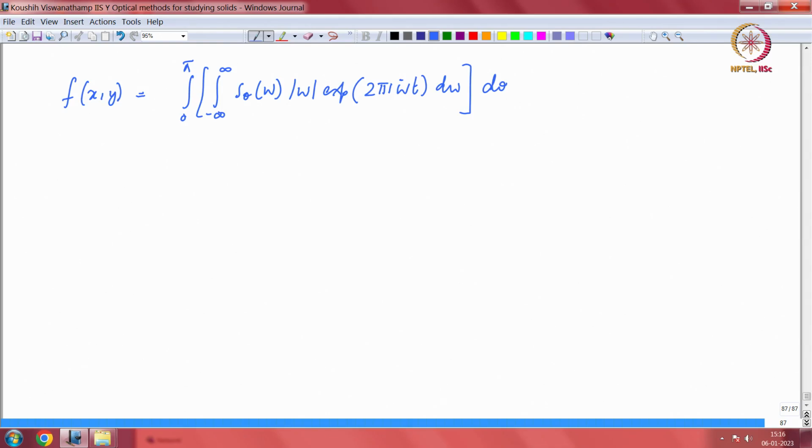This is a function of t, because w is going to be integrated out and the only remaining variable is t. So, we will call this function q theta of t.